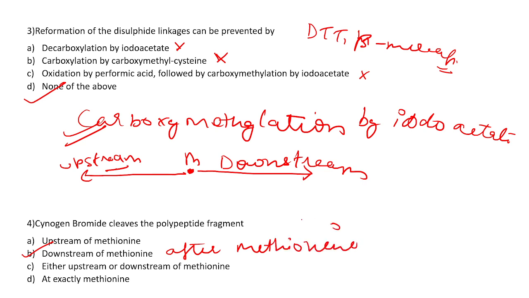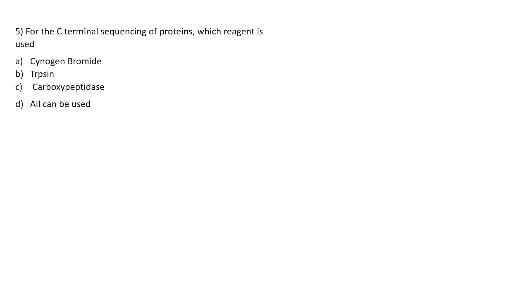Okay, after methionine. Fine. Next question: for the C-terminal sequencing of proteins, which reagent is used? CNBr, trypsin, carboxypeptidase, or all can be used.